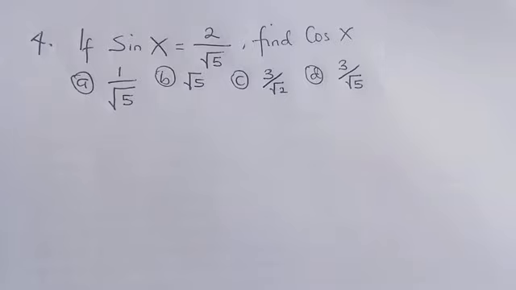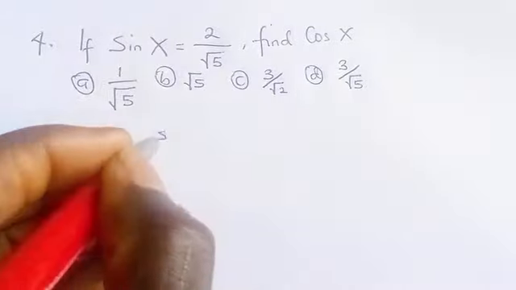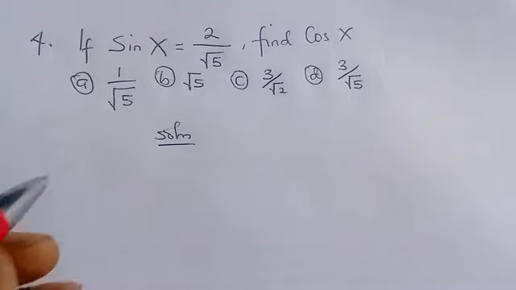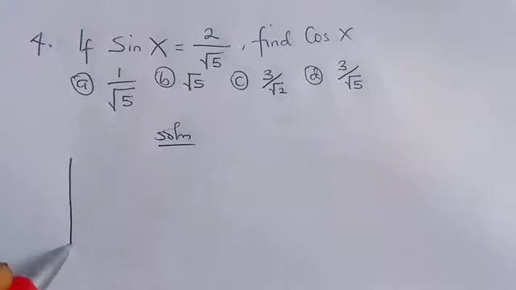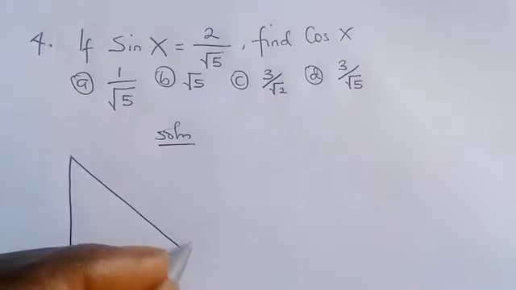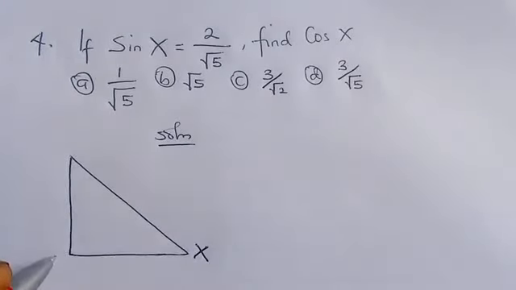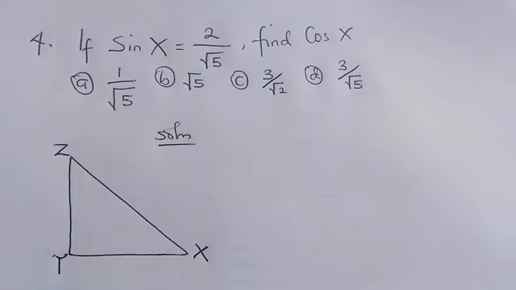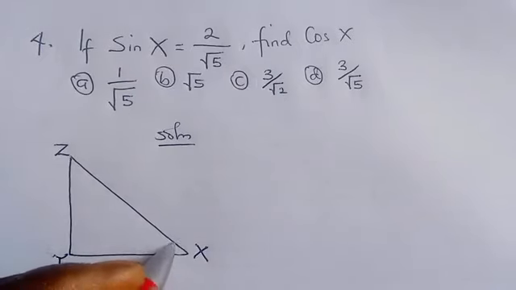If sine x is equal to 2 over root 5, we have to find cos x. So to attend to this particular question, we have to bring in a right angle triangle labeled x, y, z, with this angle here as our subtended angle.